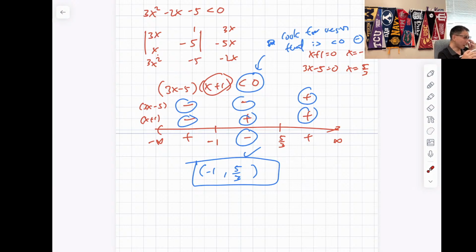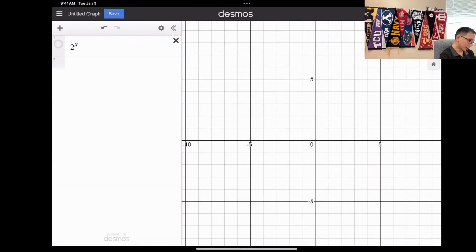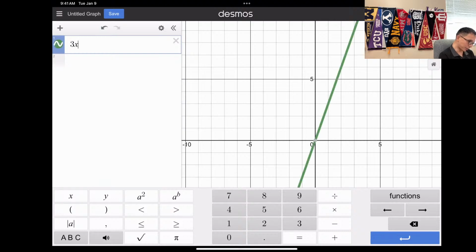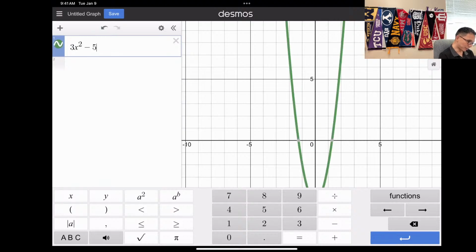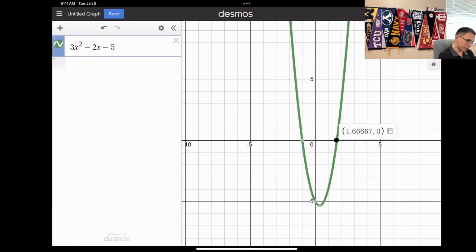Okay. Now, why does this question matter? Also, how do I check the answer on Desmos? 3x squared minus 2x minus 5. Hopefully you can understand how I check it. Now, if you see here, it's less than 0, that means below the x-axis.